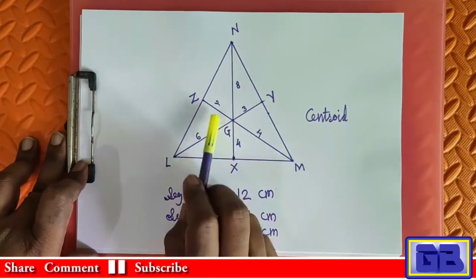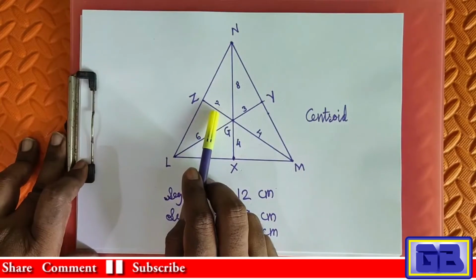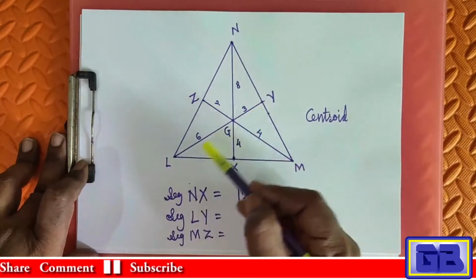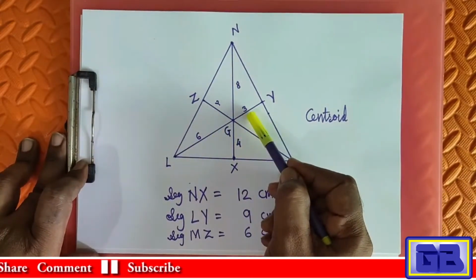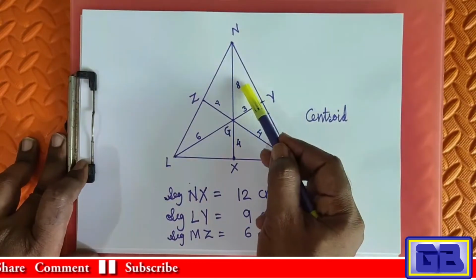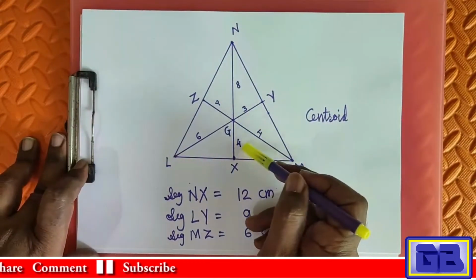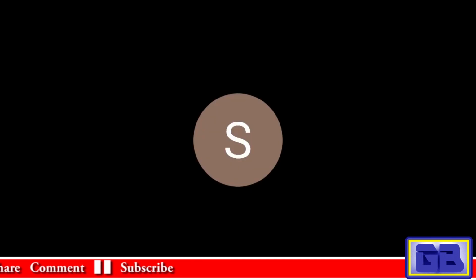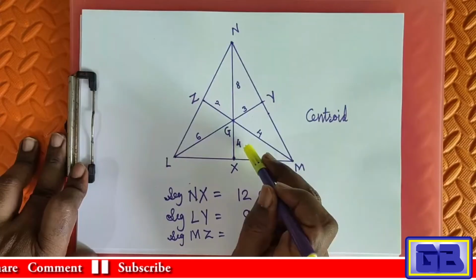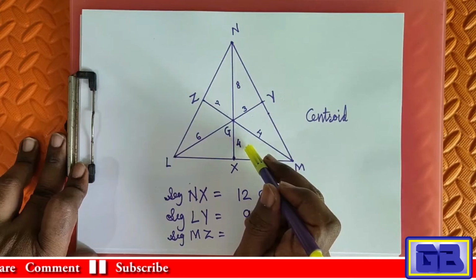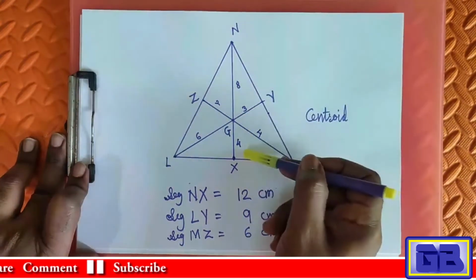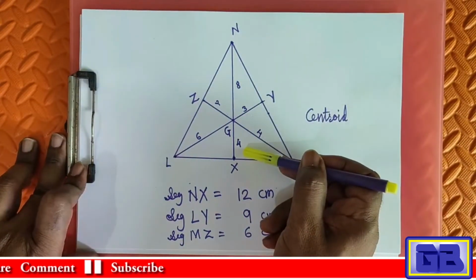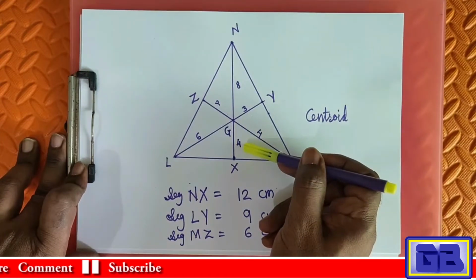4 is 2 times of 2, 6 is 2 times of 3, 8 is 2 times 4. 8 will be 2 times 4, no? Yes, sir.